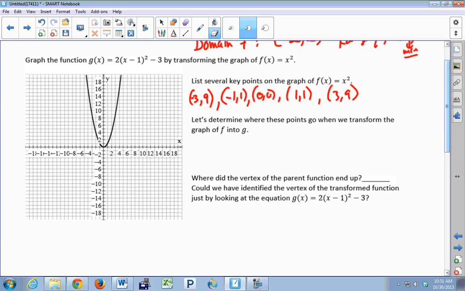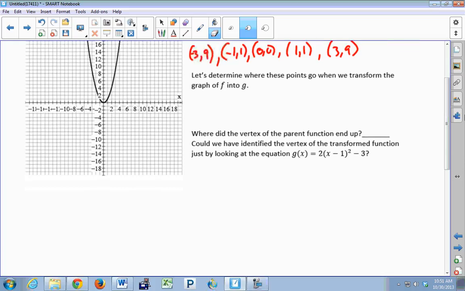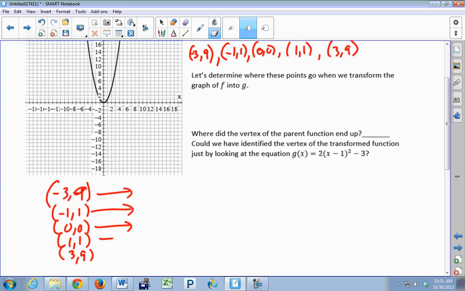So I'm just going to go down and make these points vertical for myself because I got a lot to write here. Okay, so we're going to do 3 transformations to arrive at our final destination. 1, 2, 3.